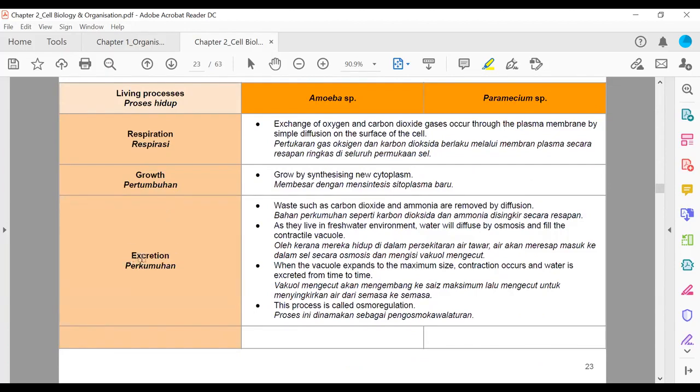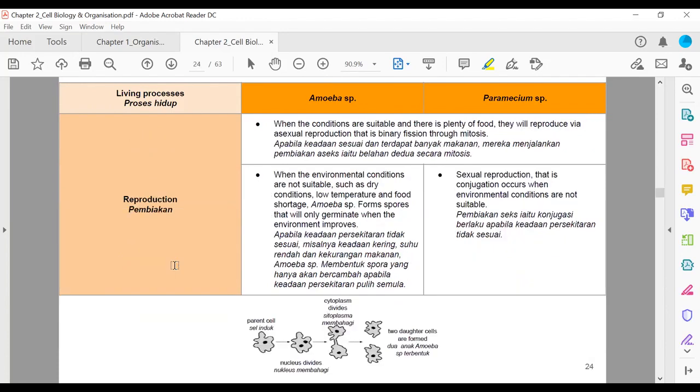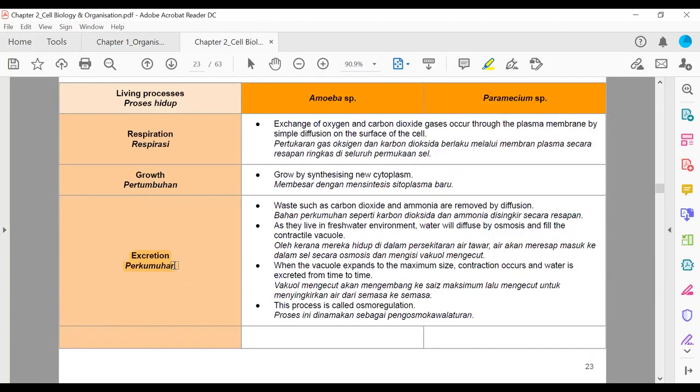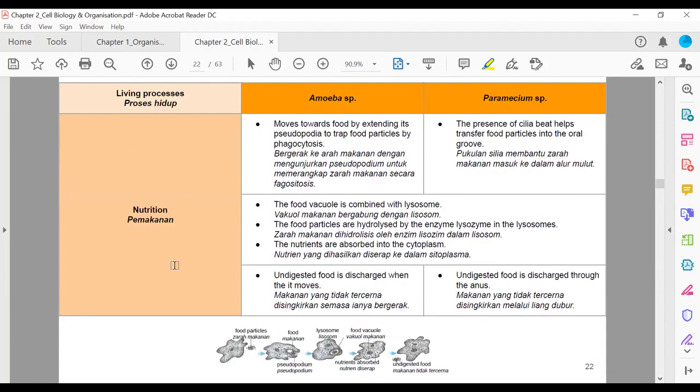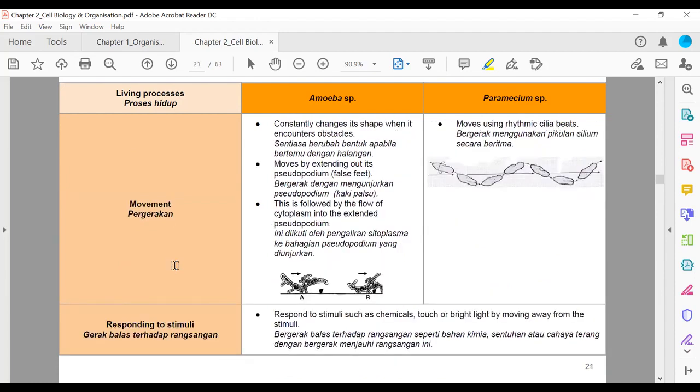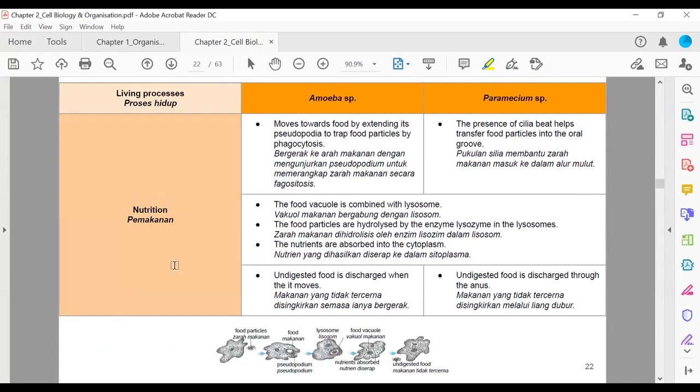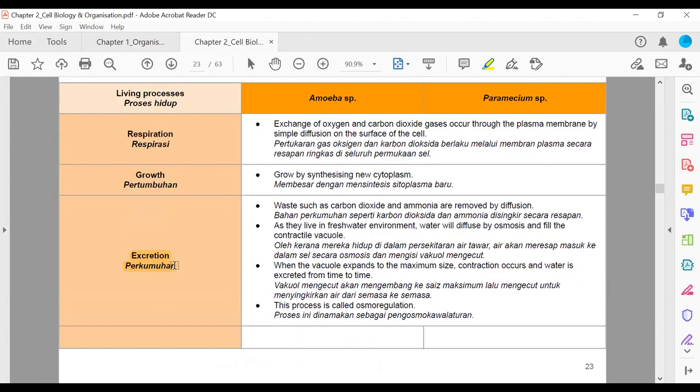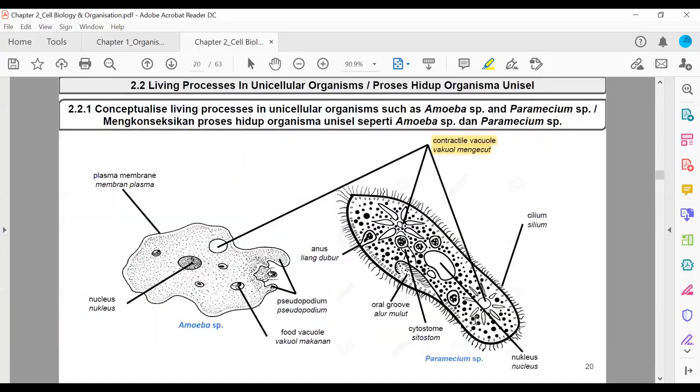Kita akan belajar di sini. Osmoregulation ataupun pengosmokawalaturan, we're going to learn over here. Bila kita sampai dekat amoeba dengan paramecium, baru saya akan terangkan. So not now, bukan sekarang.